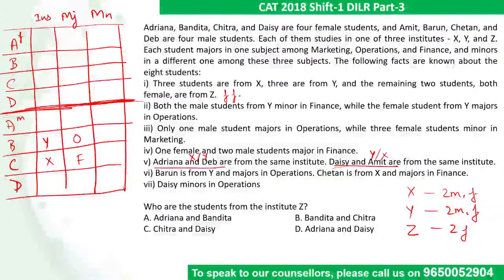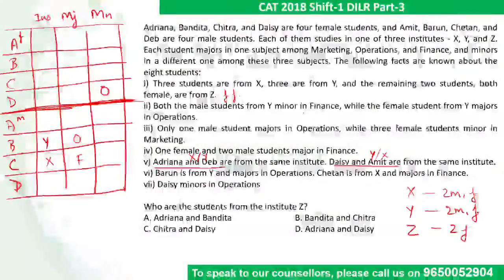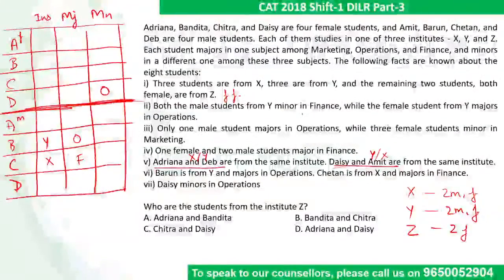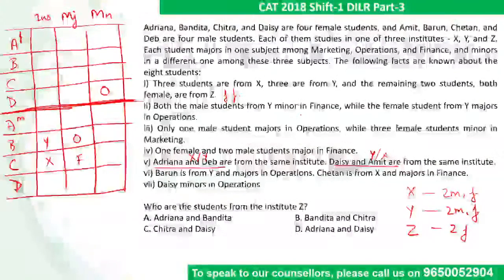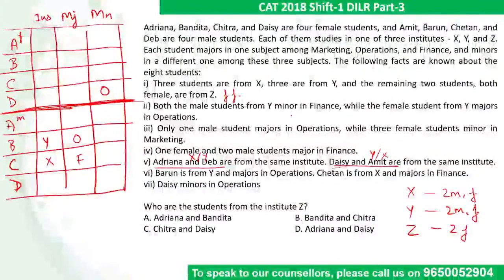Daisy minors in operations. Now what is given is both the male students from Y major in finance. But Barun is from Y, right?